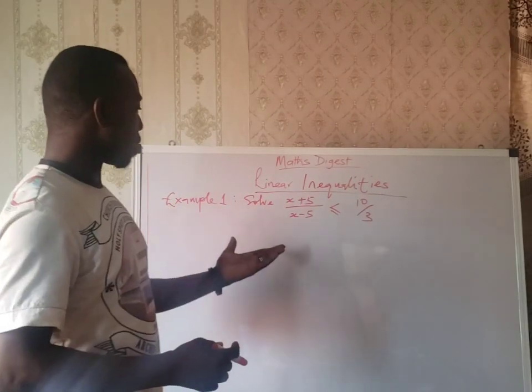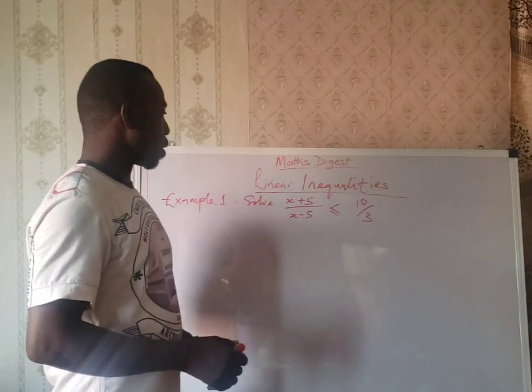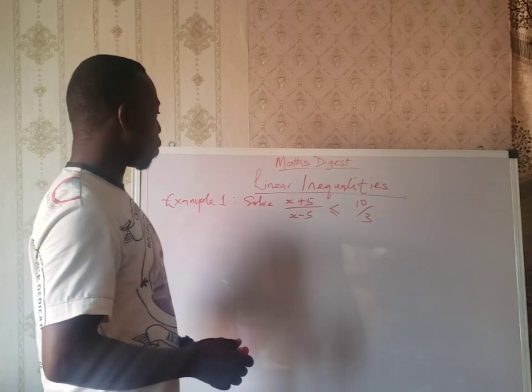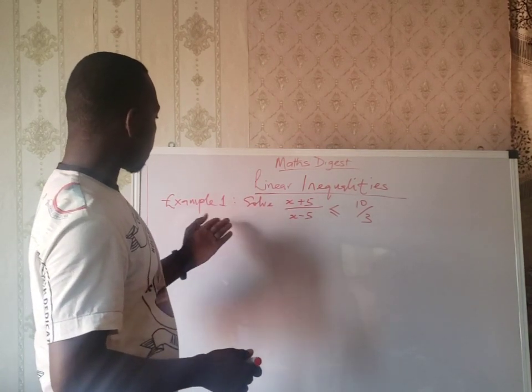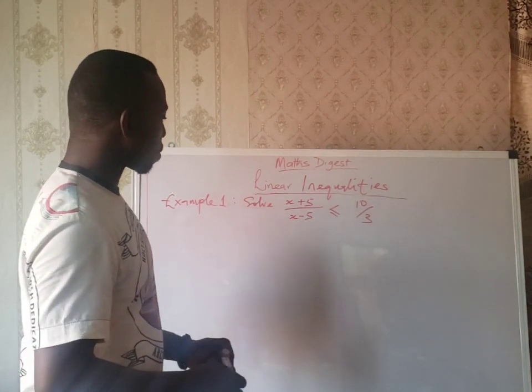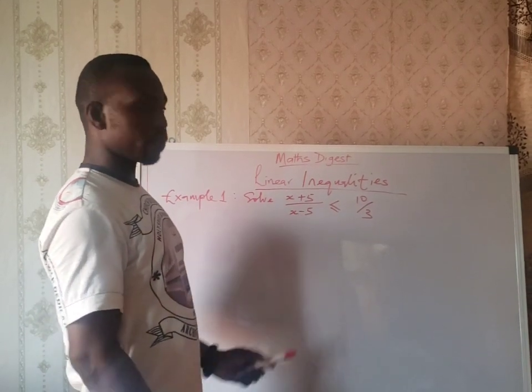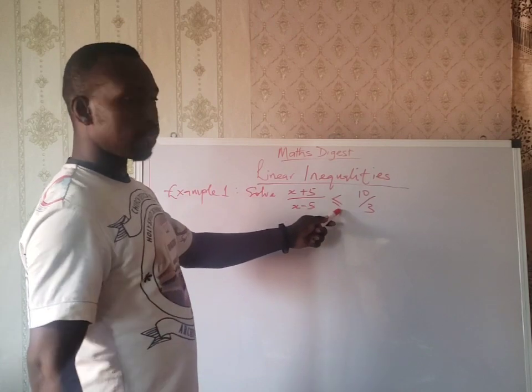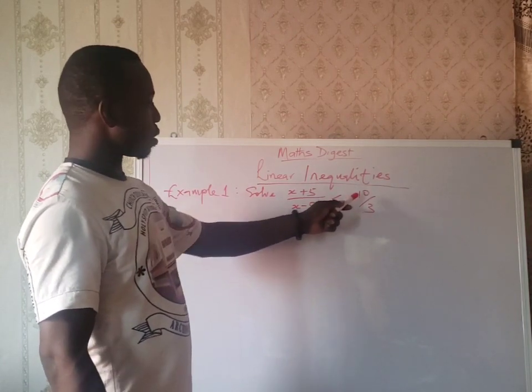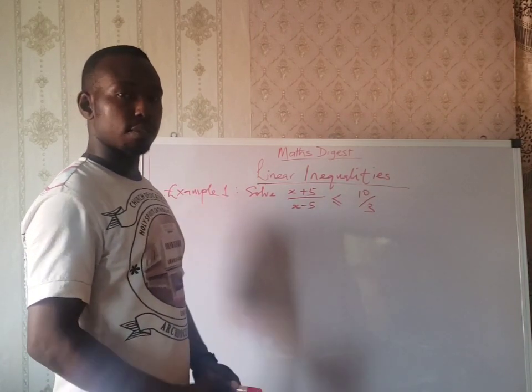All right, so this is one of the examples on linear inequalities. It says example 1, solve x plus 5 all over x minus 5 less than or equal to 10 over 3.